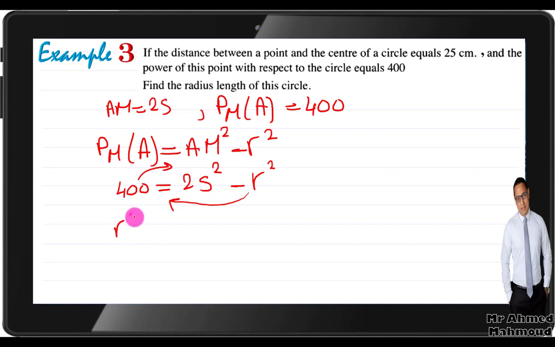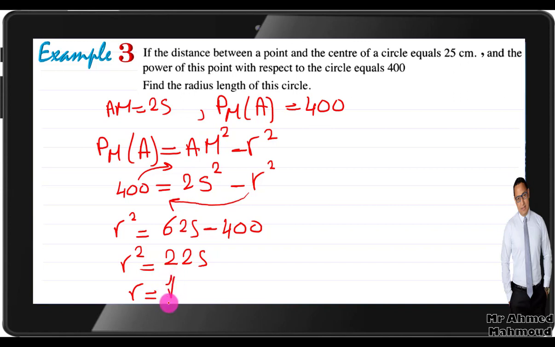So R power of 2 equals 25 power of 2, which is 625, minus 400, so R power of 2 equals 225. By taking the square root, R equals 15 centimeters.